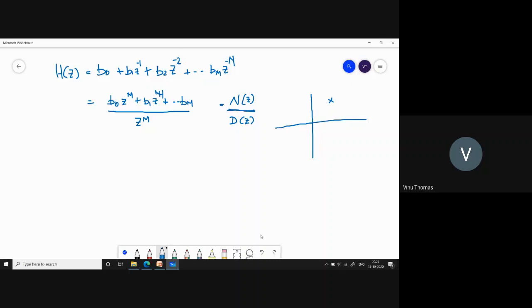Now, where do you have the poles? And this region of convergence should include what is known as the unit circle. So the region of convergence should include the unit circle. So radius is equal to 1.